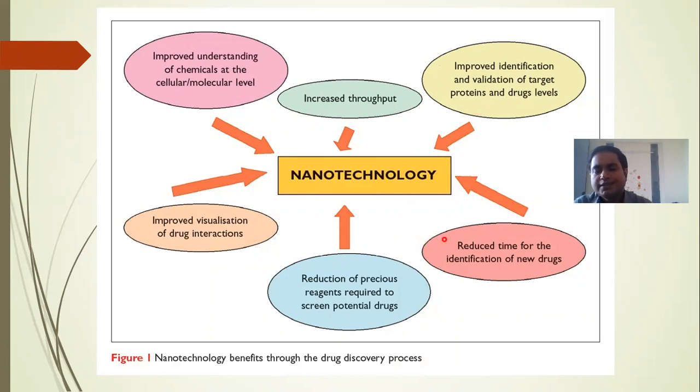Nanotechnology is also used to reduce the time for the identification of new drugs. It is also used for the reduction of the precious reagent required to screen potential drugs. Nanotechnology is also applied for the improvement of the visualization of drug interaction.